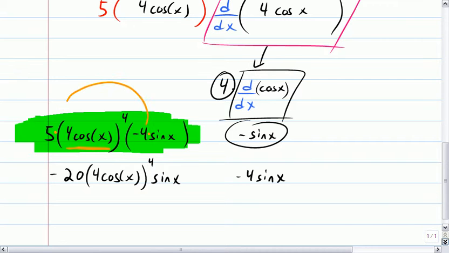So I stacked this negative 4 right next to this 5, and then I turned it into negative 20. I moved it from right here. Why don't you just put it out front? That's negative 4. Negative 4 times 5 is my negative 20.